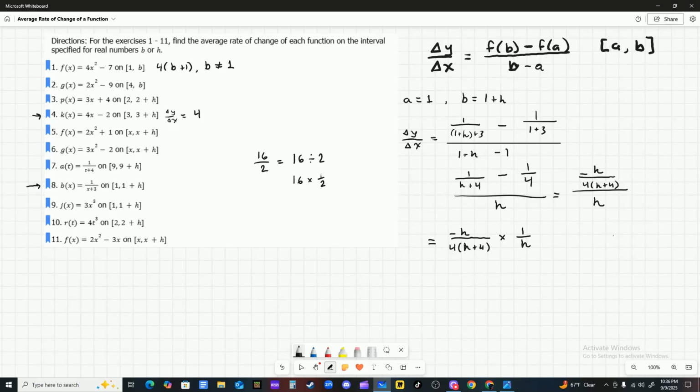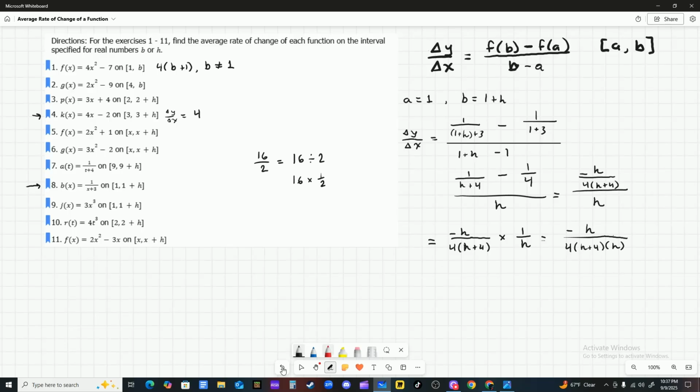Now, let's multiply this out. We get negative h over 4 times h plus 4 times h. So far so good? Okay?